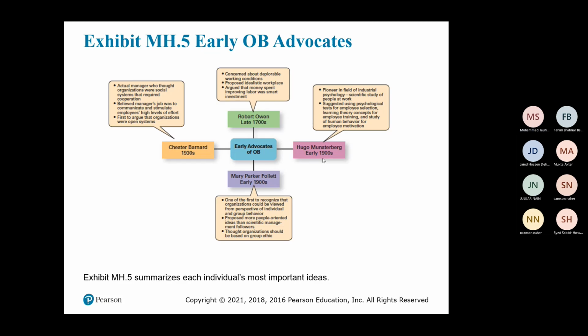This figure shows you some of the researchers that were involved in organizational behavior study. We have here Robert Owen, and then Hugo Munsterberg, and then Mary Parker Follett, and lastly Chester Barnard.